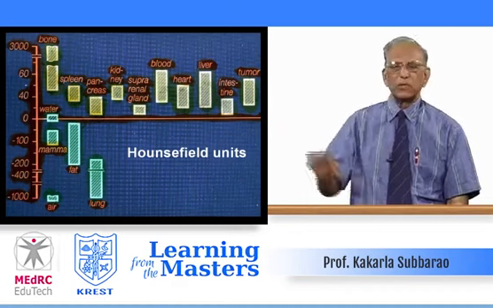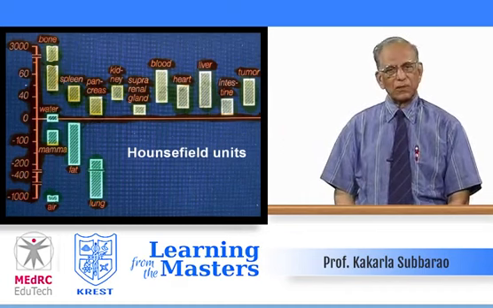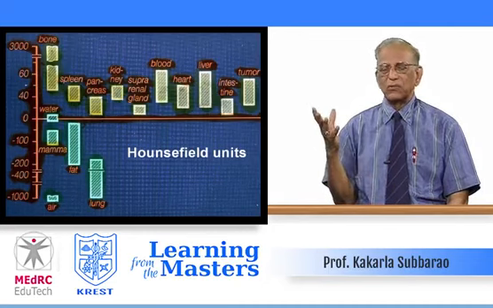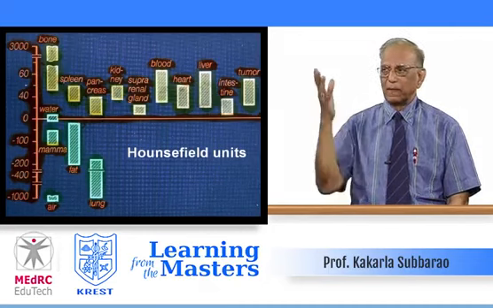These are the Hounsfield units. Earlier, you remember in ultrasound we were talking about echoes: echogenic, hyperechogenic, non-echogenic, echo-less, and hypoechogenic. Here we use the Hounsfield unit.